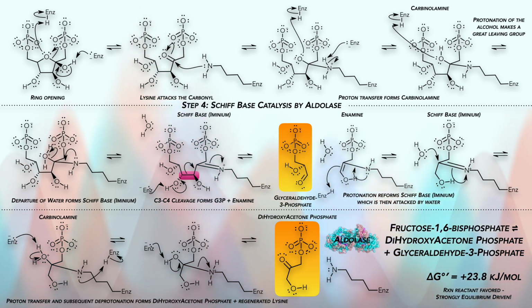After proton transfers generate an enamine, cleavage occurs between C3 and C4. The products are glyceraldehyde 3-phosphate and dihydroxyacetone phosphate. One 6-carbon molecule has become two 3-carbon molecules. From this point onward, every reaction occurs twice for each glucose entering glycolysis.